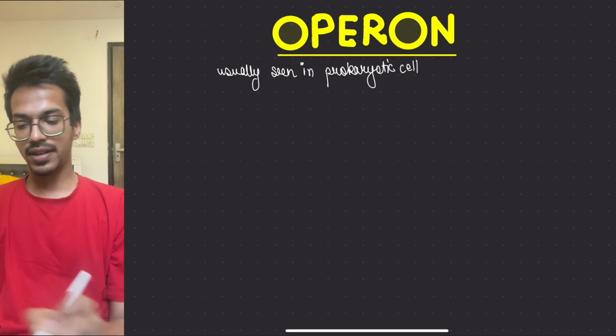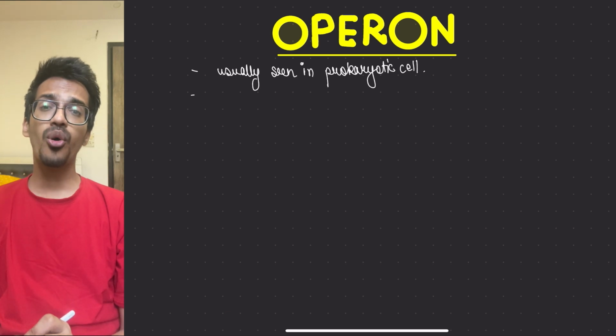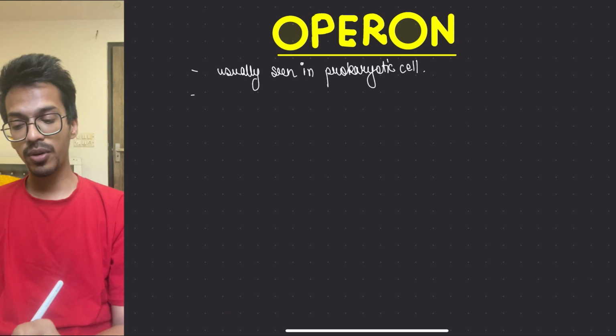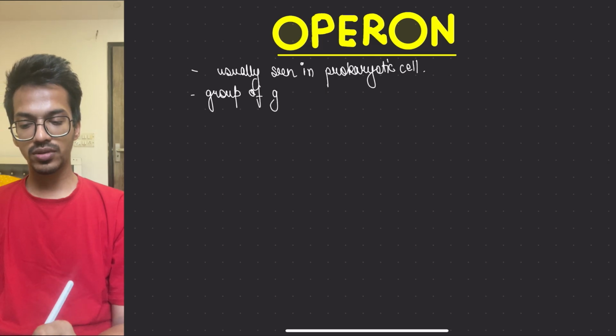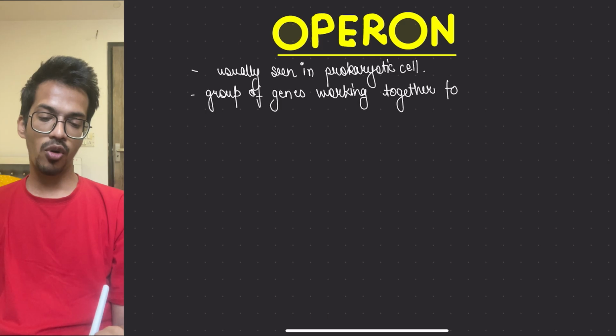Now, if someone wants to explain what an operon is, these are a group of genes working together for a specific function.